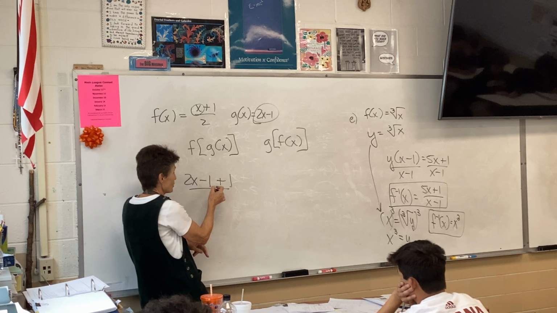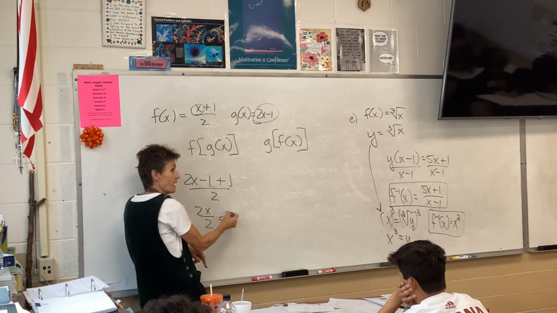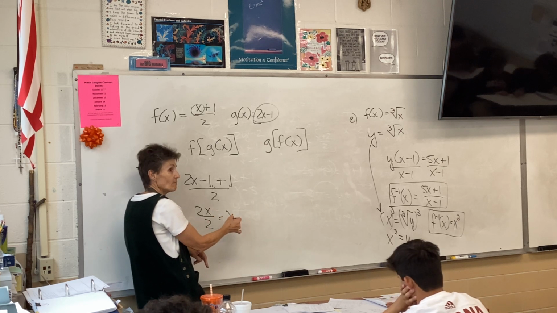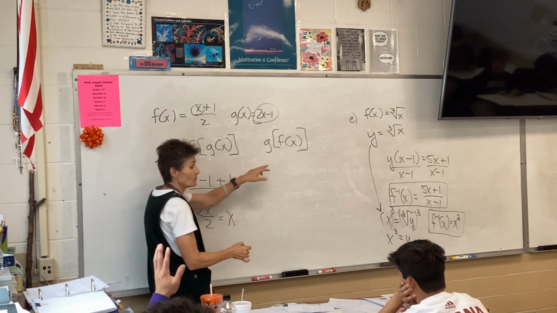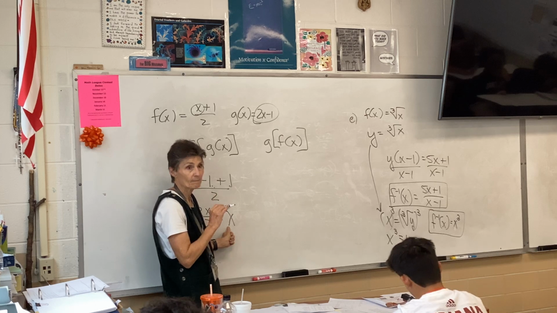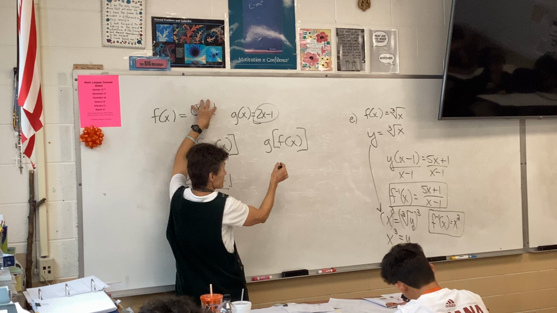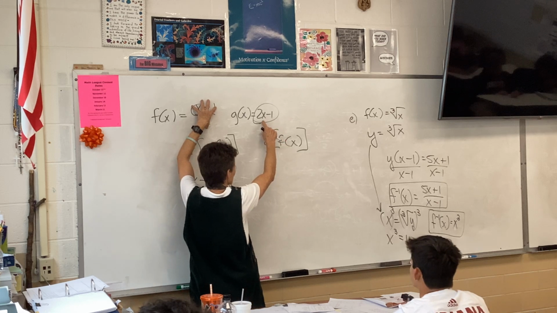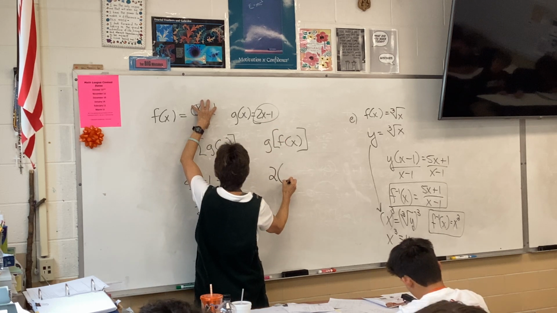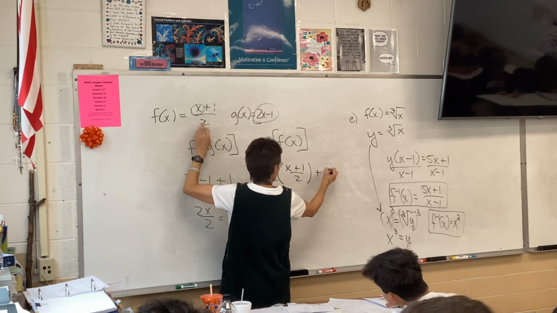What happens to these two? So 2x over 2, that just equals x. That's what I want to have happen. Now I'm going to do this one, and the same thing's going to happen, hopefully. So this says, take this and put it in here. So 2x plus 1 over 2 plus 1.